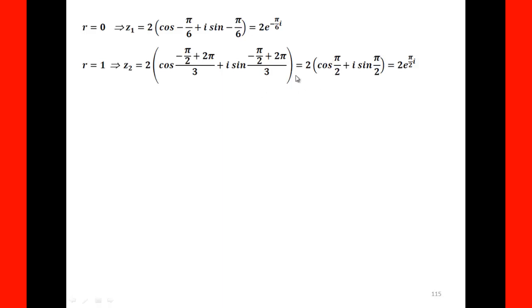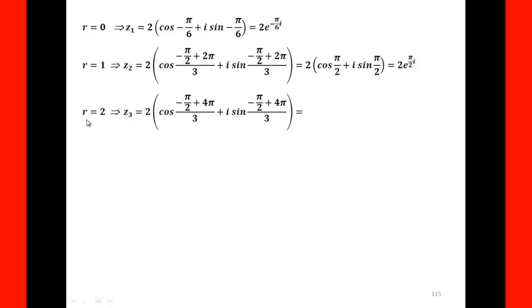After simplifying, we get 2 (cosine pi over 2 plus i sine pi over 2), and its exponential form will be 2e to the power theta i, where theta equals pi over 2. So the exponential form of z2 is 2e to the power pi over 2 i.